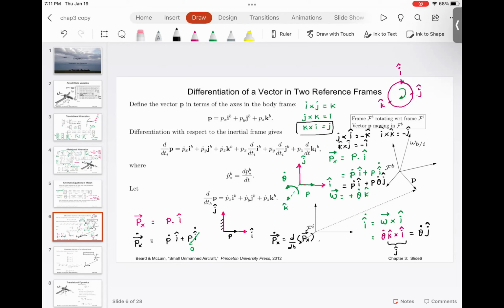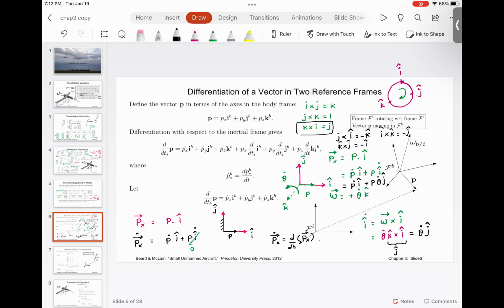If I have a rotation about z, this mass will go up. Do you agree with me? If I have a rotation about y, what will happen? This mass will go in this direction. Do you agree with me? And this direction is opposite to the positive k direction. That's why we got this negative sign. Everything checks out.